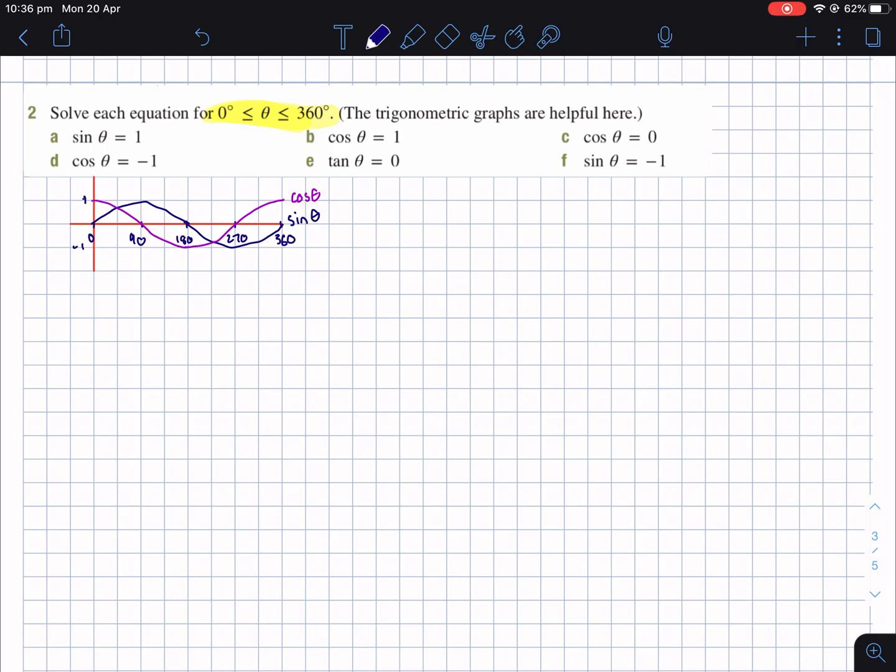So if you want to know when sine theta equals 1, well, it's when the blue line gets up to 1, so it's at 90 degrees. And if you want to know when cos theta gets to 1, well, it's when the purple line is at +1. So it's at 0 and 360.